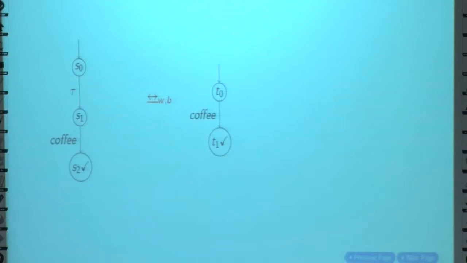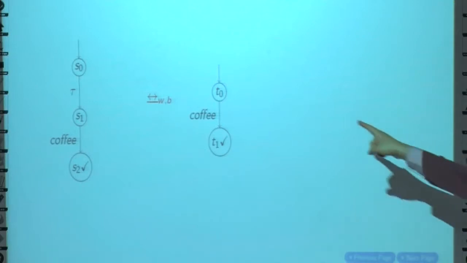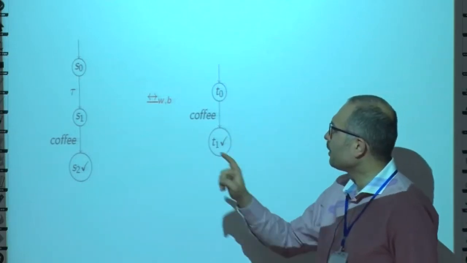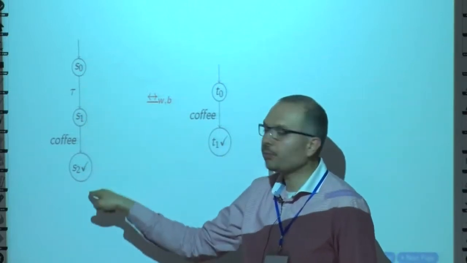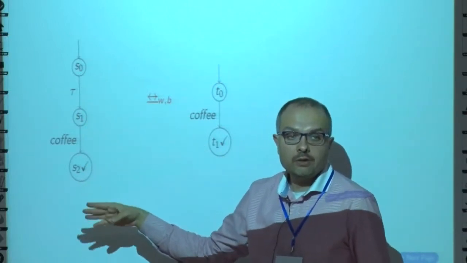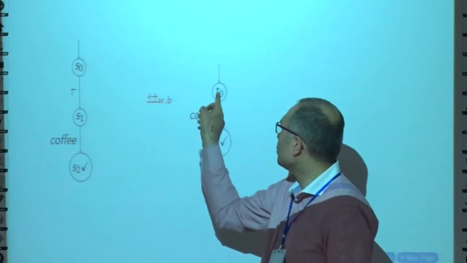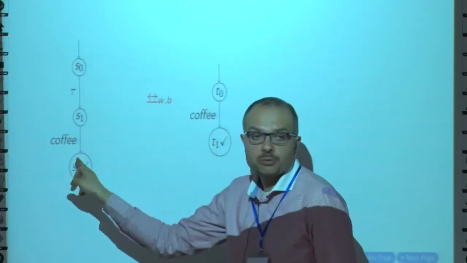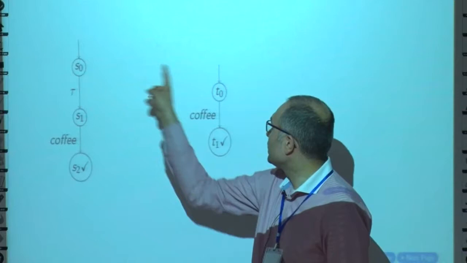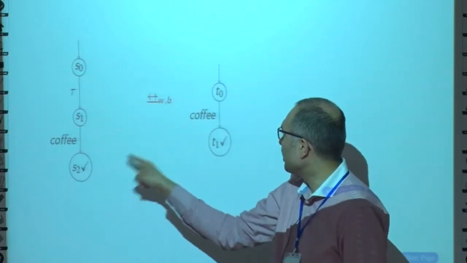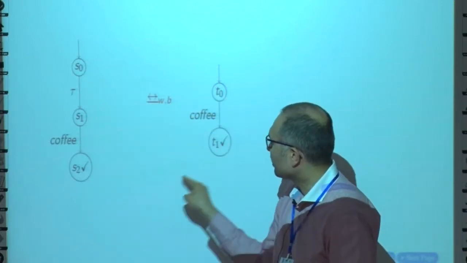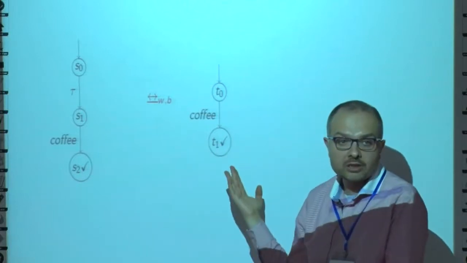They are equivalent. Yeah, so here you can do a coffee. The only way for this one to do a coffee is to do a tau followed by coffee, which is fine. If you look at weak, you only require these two to be related and these to be related. And that's trivial. I've already checked that all outgoing transitions can be matched, on this side at least, and the targets are related because they only afford termination.